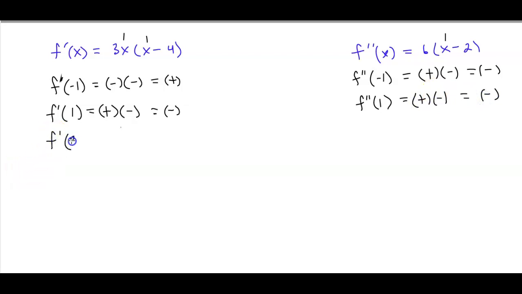Repeating again, for when x is 3, let me get rid of these 1s and put 3s here. Okay, so here 3 times 3 is a positive number. 3 minus 4 is a negative number. So the result ends up being negative when I multiply them.